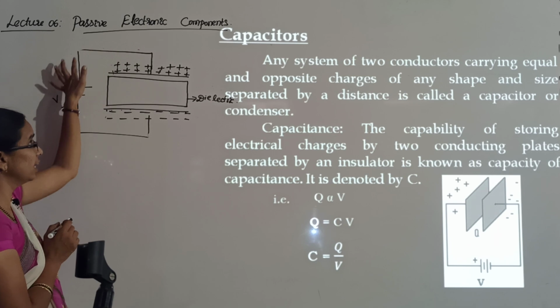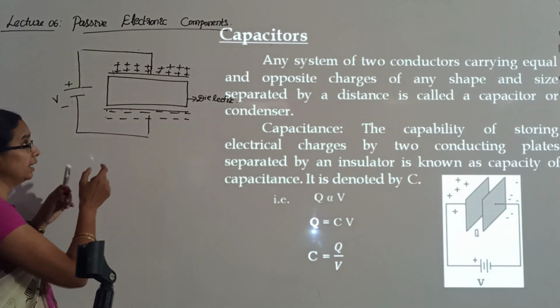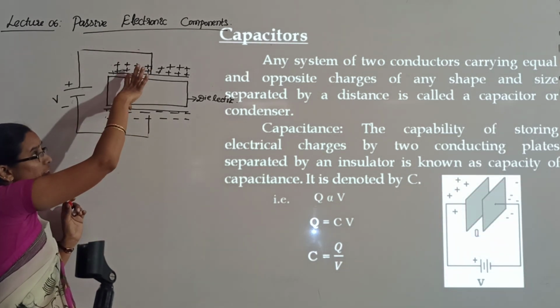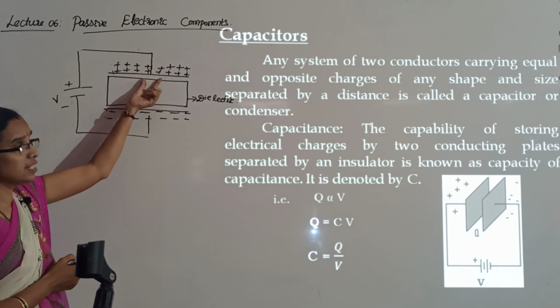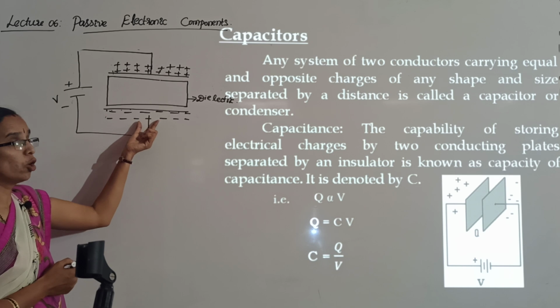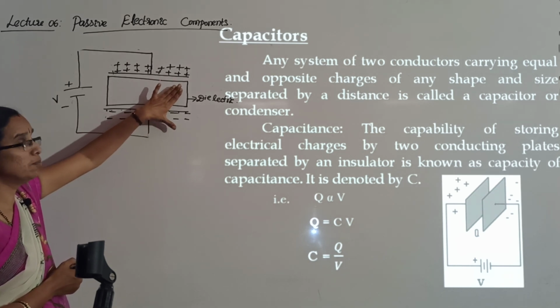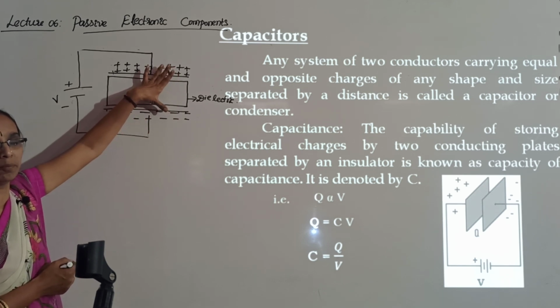The movement of electrons from the top plate to the bottom plate will continue until the electric field exists between the two plates. The top plate is completely positive and the bottom plate is completely negative. This establishes an electric field between the two conducting plates.